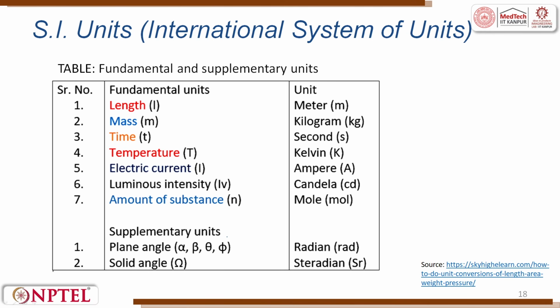The supplementary units are plane angle and solid angle. Plane angles such as alpha, beta, theta, phi all have a unit of radians. Solid angle is steradians, SR. So, this covers the complete set of SI units.